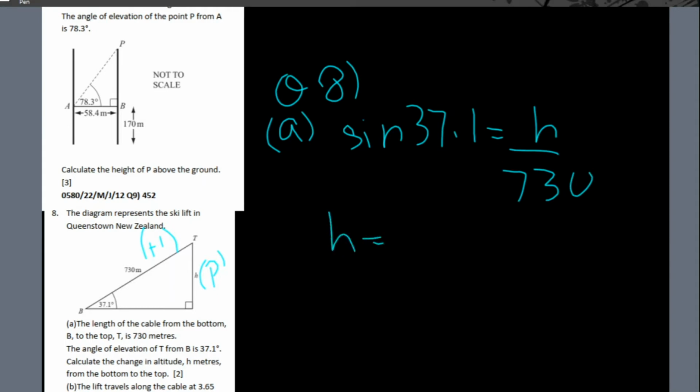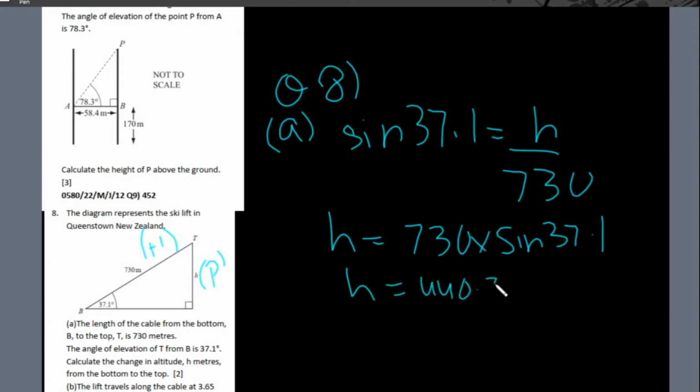So h will be 730 times sine 37.1, which gives 440.341. So 440 is the final answer for part A.